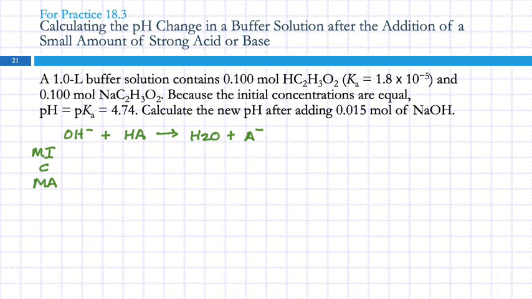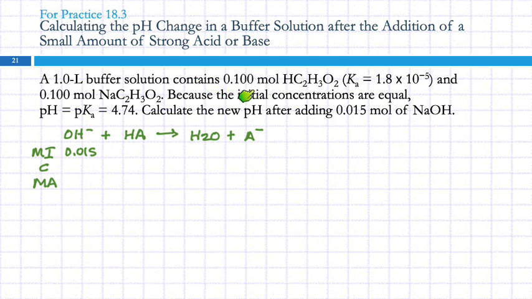I guess we could call that MICMA: moles initial, moles after. So initial moles, we're adding 0.015 moles of sodium hydroxide. And how many moles of HA did we have? 0.1.